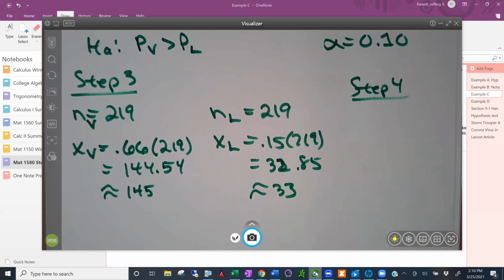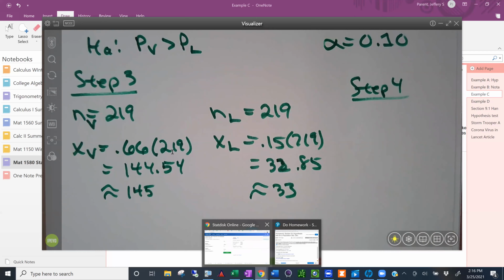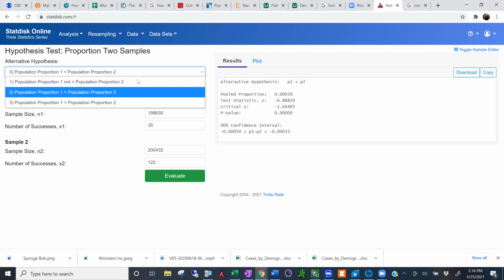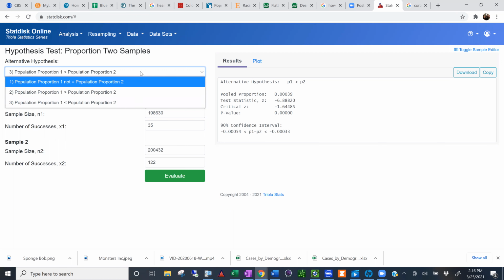Let's put that into statdisk. First things first, I want to check the form of the alternative hypothesis, and that's wrong. I don't want P1 is less than P2. Which one of these three do I want?